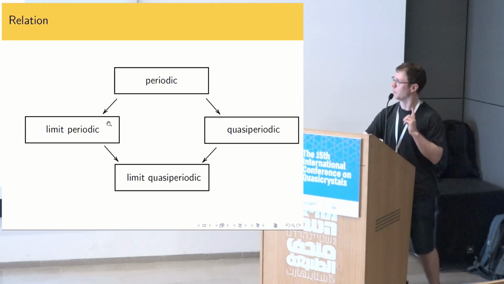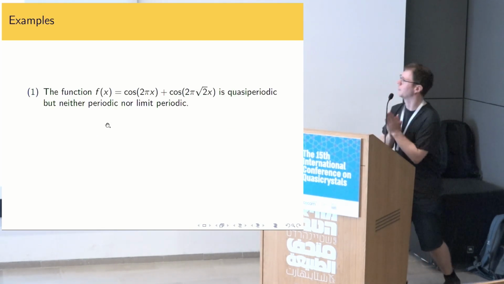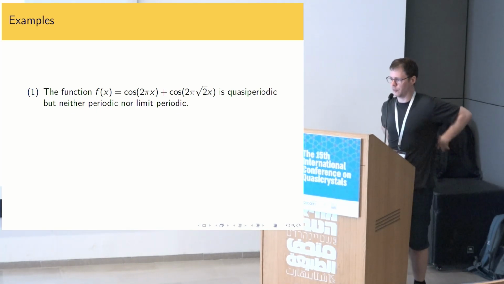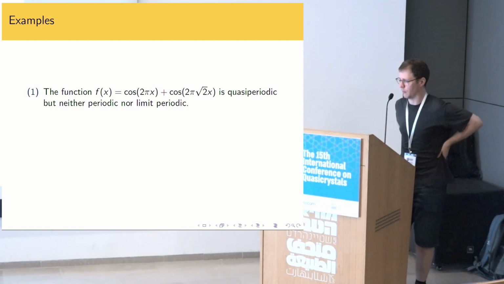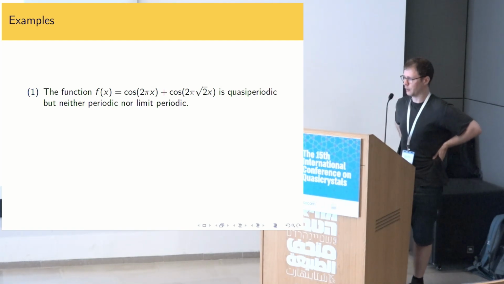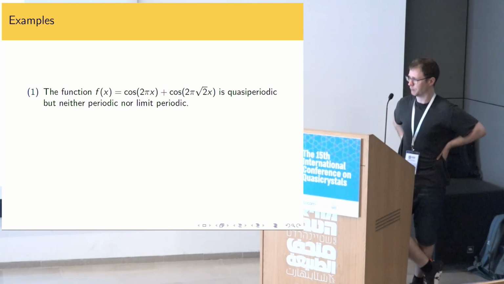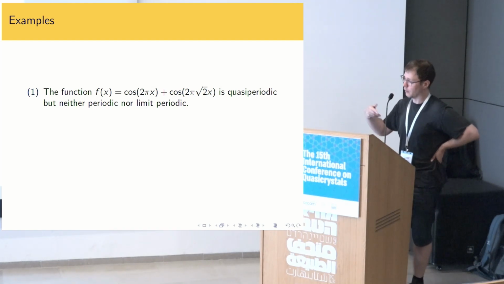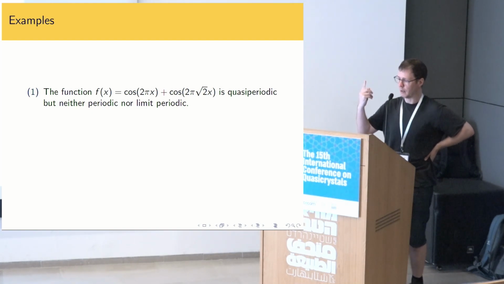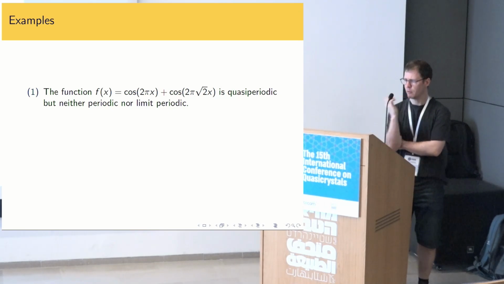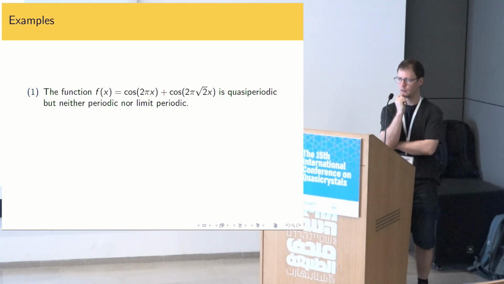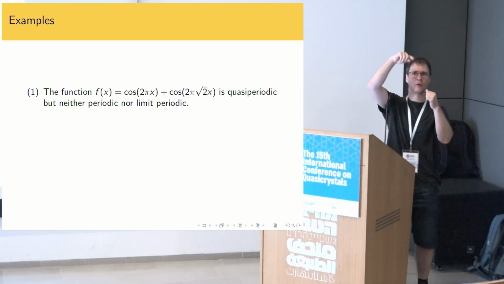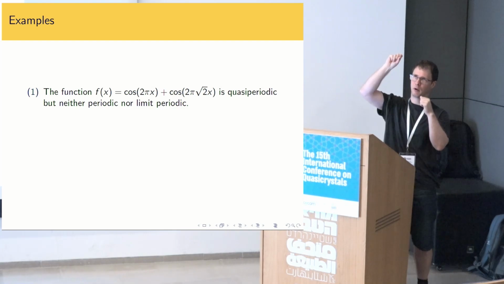Here we come to the examples. Let's go to the function I already showed you, f of x equals cosine of 2 pi x plus cosine of 2 pi square root of 2 x. I already told you it is not periodic, and I explained why. It is quasi-periodic. Why? We can easily write it as a Fourier series, because cosine we can write as one half times e to the ix plus e to the minus ix.